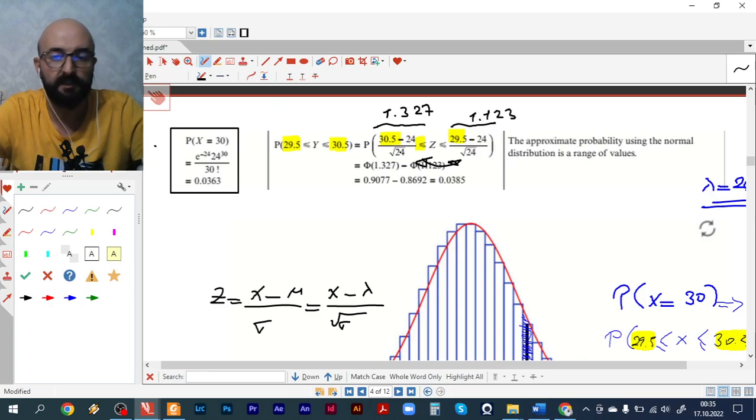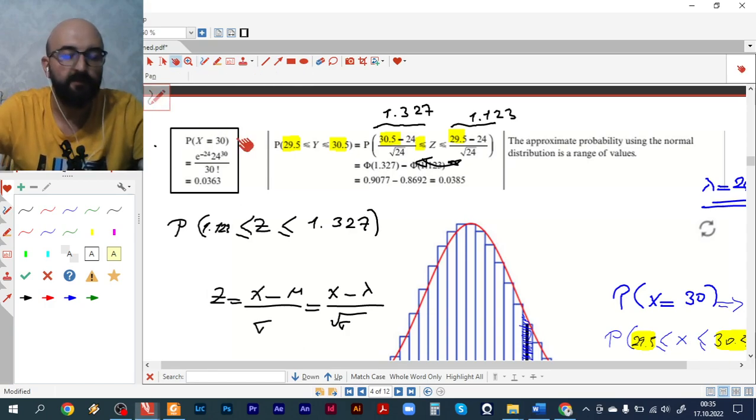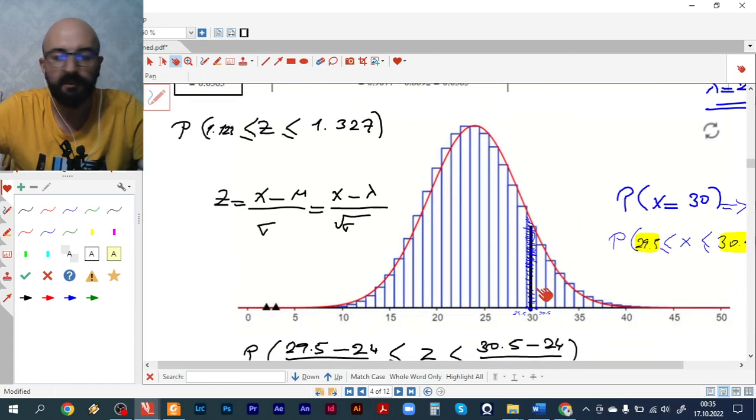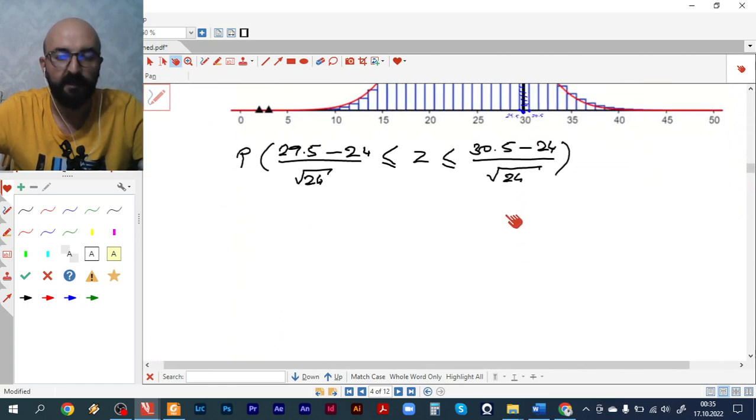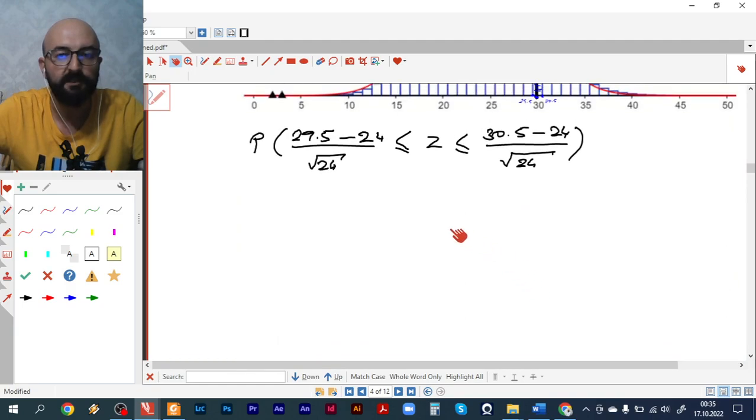It should change. So the probability of z less than or equal to 1.327 and greater than or equal to 1.123. And we should remember one more thing.